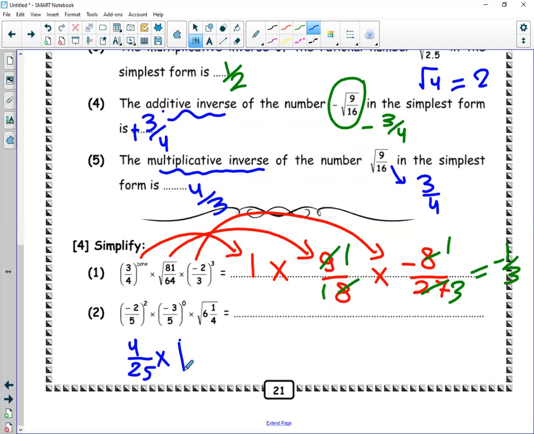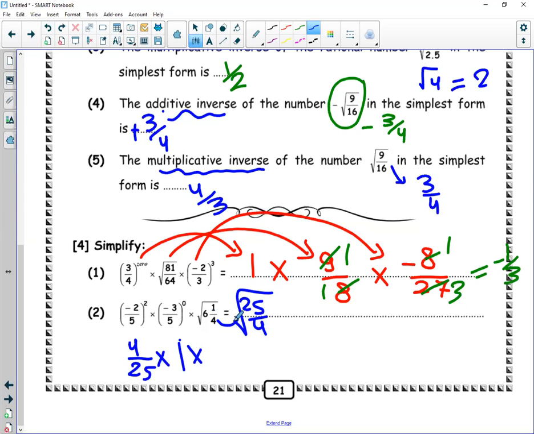Times 6 and 1/4 under the square root. It will be 5/2. 6 and 1/4 under the square root: 6 times 4 equals 24 plus 1 equals 25, so 25/4 under the square root.